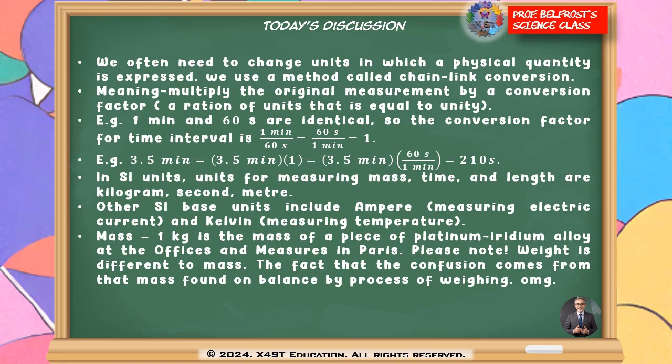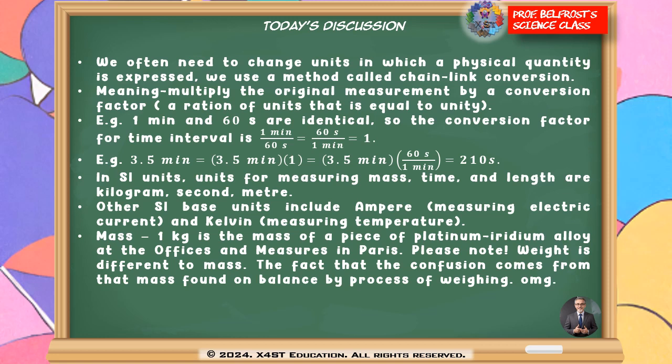So if you are assigned to change 3.5 minutes to seconds, you take 3.5 minutes times a conversion factor chosen to eliminate minute. You choose 60 seconds over 1 minute, and then you obtain 210 seconds.